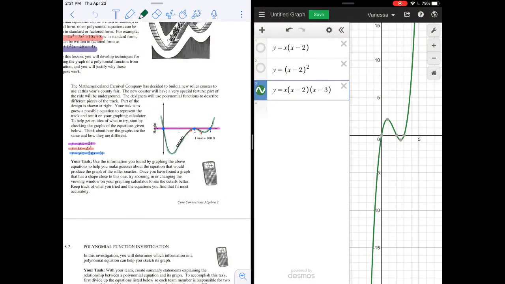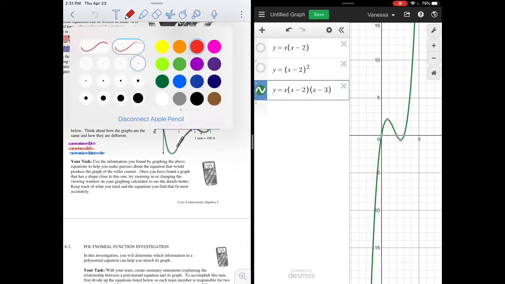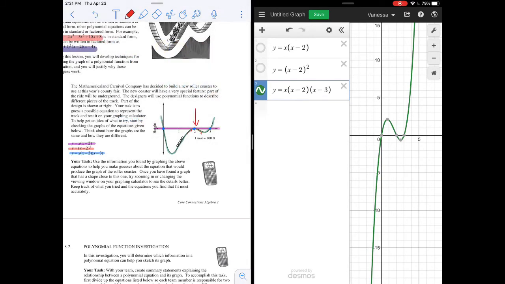So I want you guys to take a look at the roller coaster and the last equation, which is what I have on Desmos. I want you guys to see that it is very similar. The only difference is that at x equals 2, we need to make sure we have that bump. We have an x-intercept at 0, at 2, and at 3, but we need that bump, that bounce at 2.